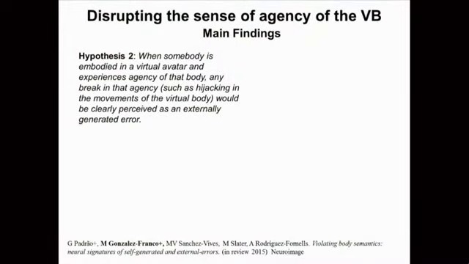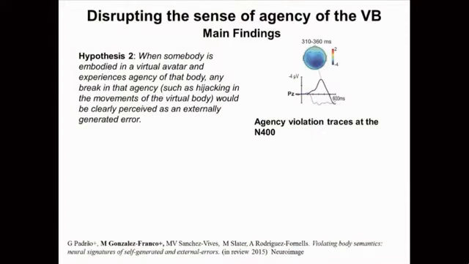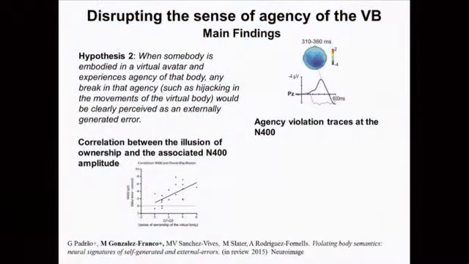Okay, so just want to say that we find two different kinds of errors. The brain recognizes the internal errors and the externally generated errors as different. So if somebody hijacks my robot, I'm going to notice it. And we find that as an agency violation trace in this N400. We find a correlation associated with the illusion of ownership.